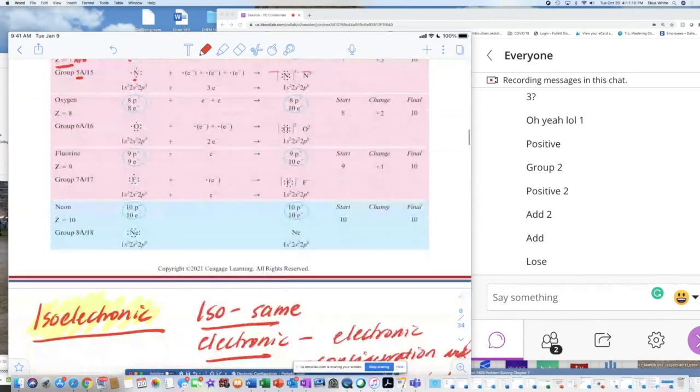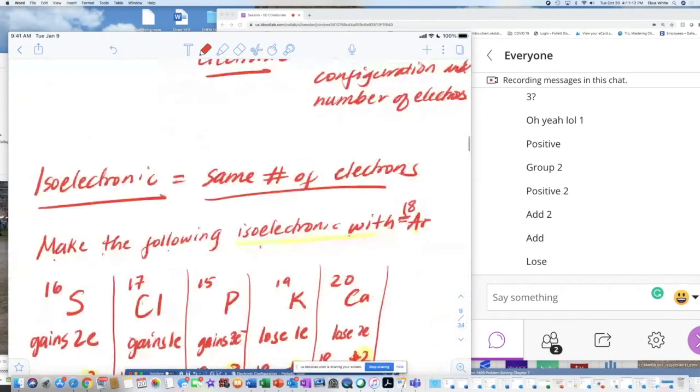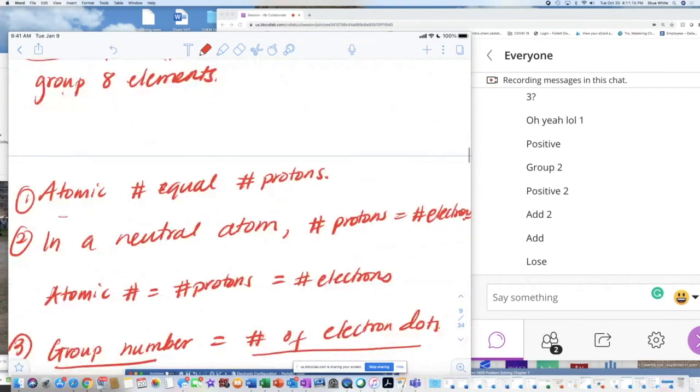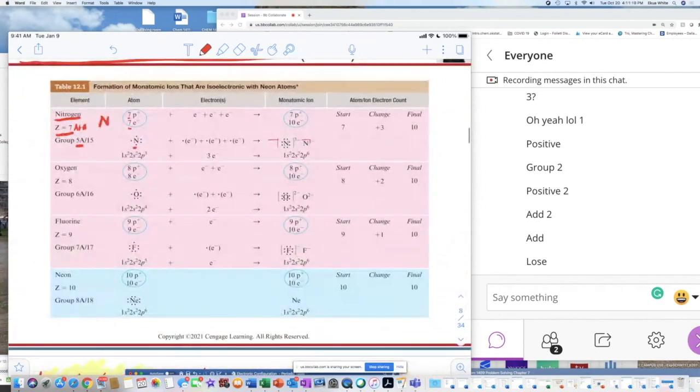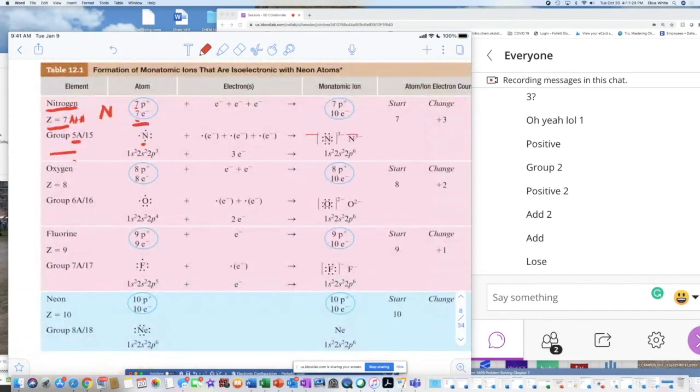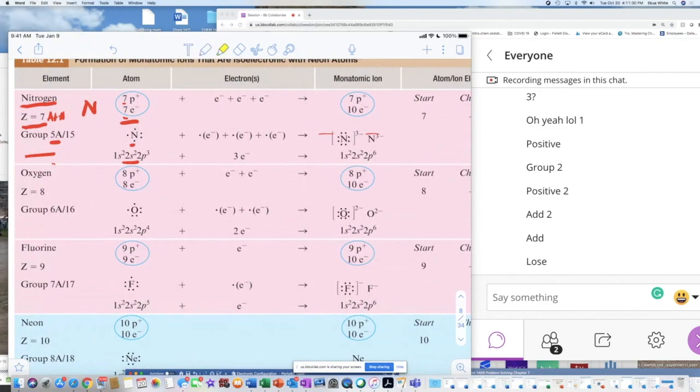As we're going over this right here, I've summarized some of the main things we're going to be looking at. So starting with nitrogen, they tell you the atomic number, the number of protons, and the number of electrons. And they're about to tell you what transformation we see. They're showing you here, based on the group number, nitrogen actually gains 3 electrons.